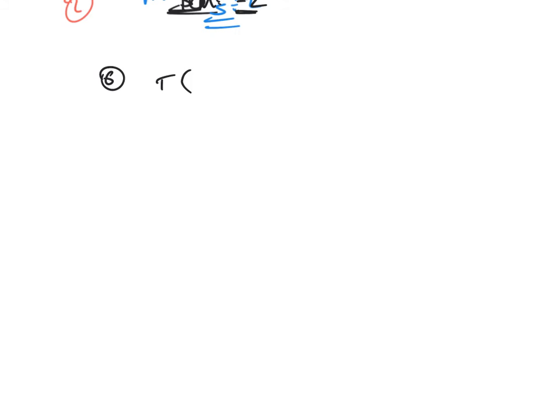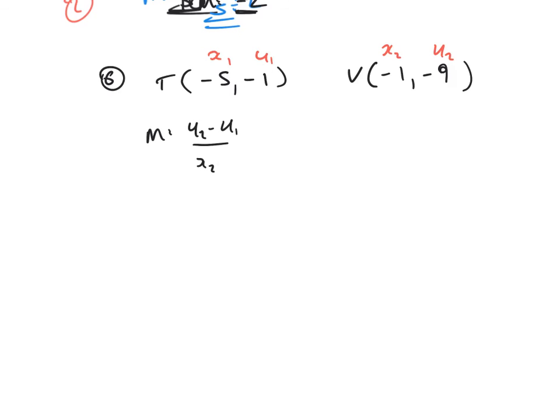Okay, the point T, which is minus 5, minus 1, and point V, which is minus 1, minus 9. Okay, so x1, y1, x2, y2, m equals y2 minus y1 over x2 minus x1.